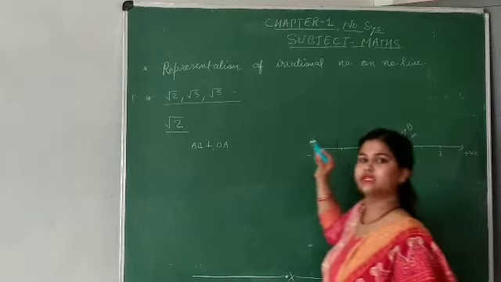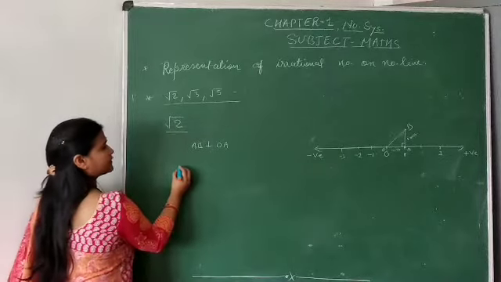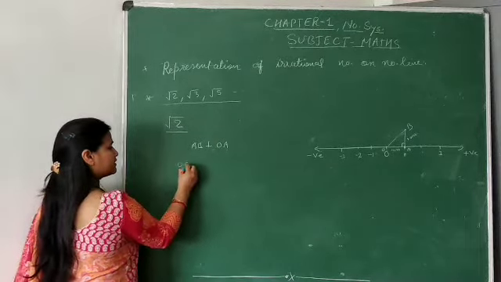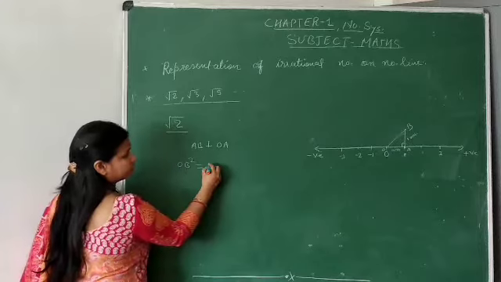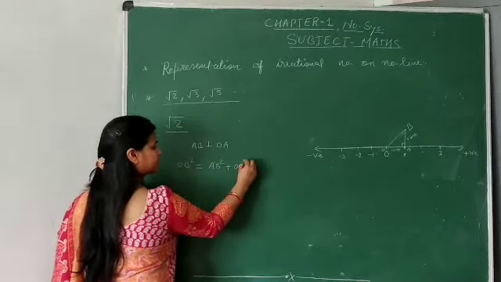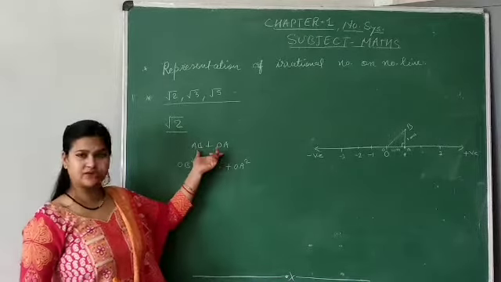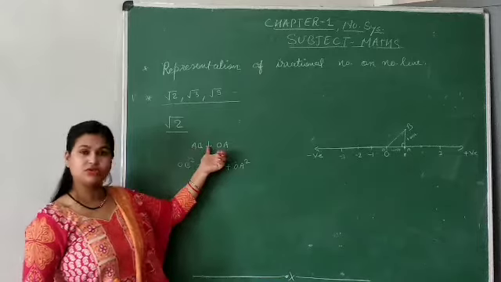You can use the Pythagoras theorem here. What is the Pythagoras theorem? Hypotenuse square is equal to perpendicular square plus base square. This theorem is applied on a right angle triangle because AB is perpendicular to OA.